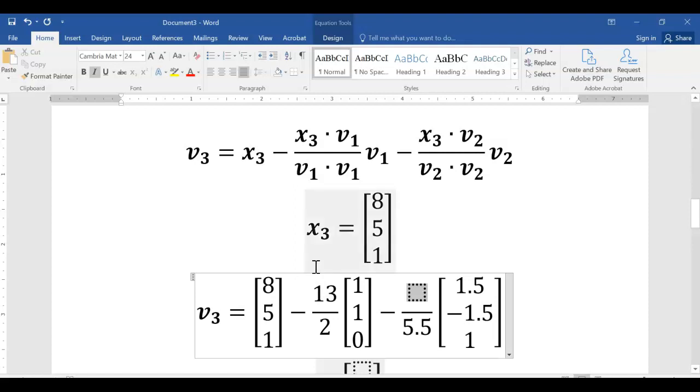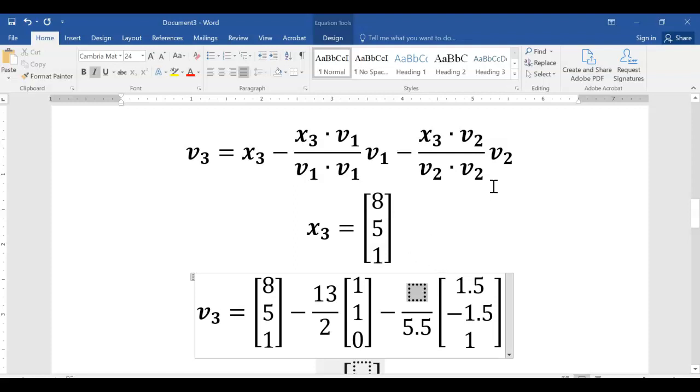Let's finish this up. So 8 times 1, 5 times 1, 1 times 0 gives you 13. That's the inner product of x3 with v1. v1 inner product with itself becomes 2. We saw that from last time.